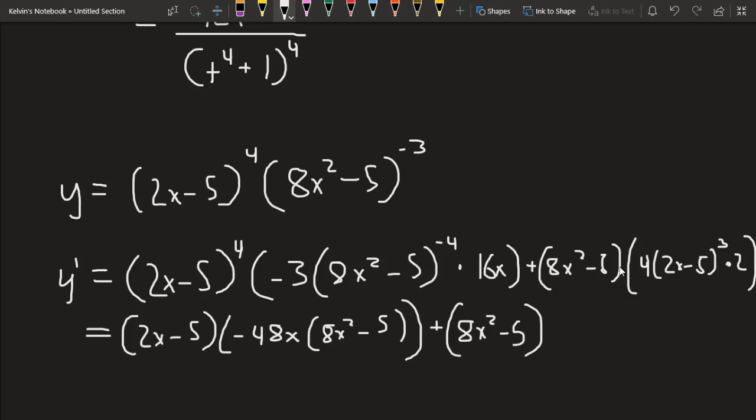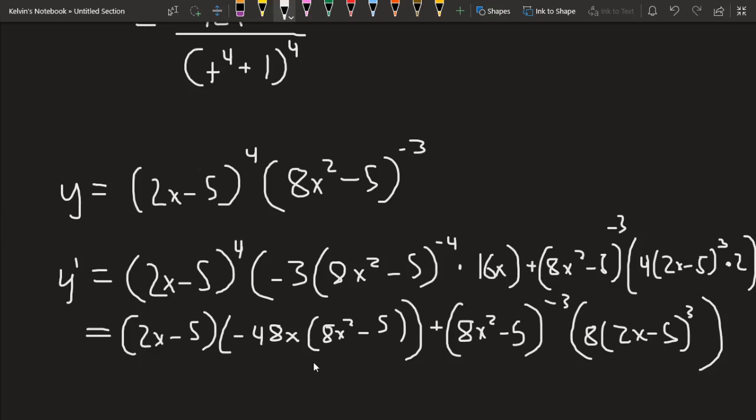Oh, and then I forgot this right here, but there's actually supposed to be a negative 3 right here, because it's to the power right here. I forgot, my bad. So it would be (8x squared minus 5) to the negative 3. And then we can simplify this a bit as 8 (2x minus 5) cubed, like so.